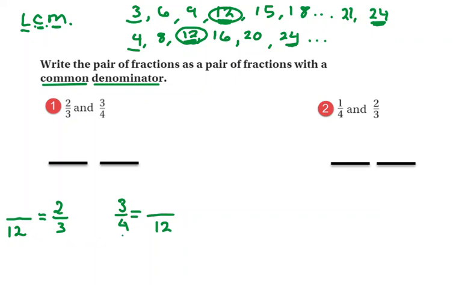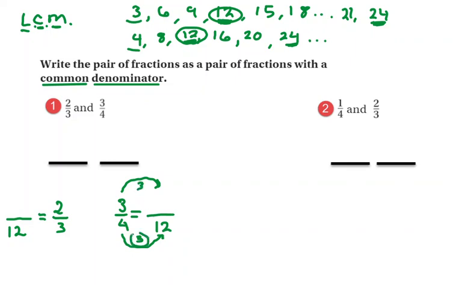Now, the way that we do that, and you've learned this before also, we can say 4 times something is 12. 4 times what is 12? Right, 3. And if we go up here, 3 times 3, we have to use the same number.